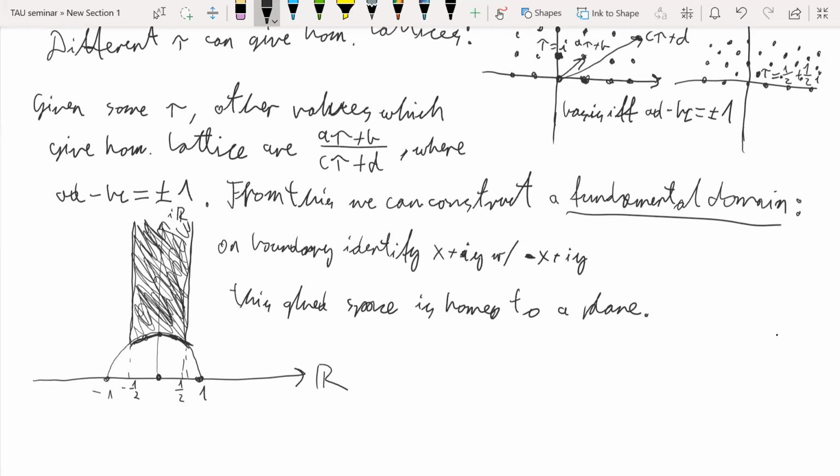Would it look more like a cone? Well, you could argue that it looks more like a cone, but they are homeomorphic, so it doesn't really matter. It is a cylinder which is capped on one side, so I suppose maybe cone is more apt.